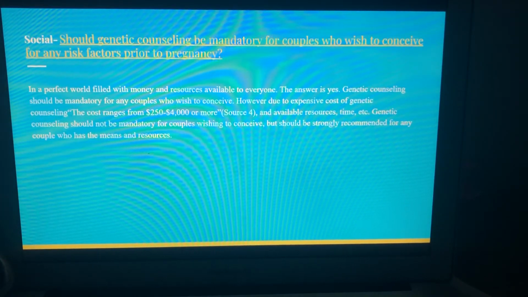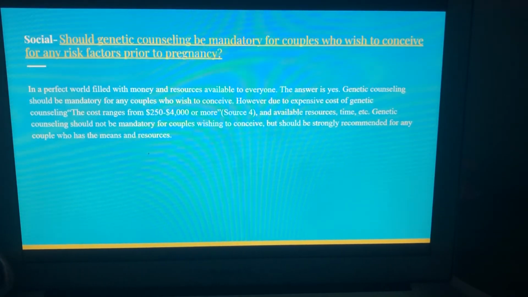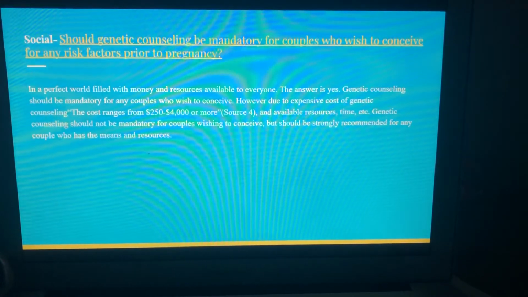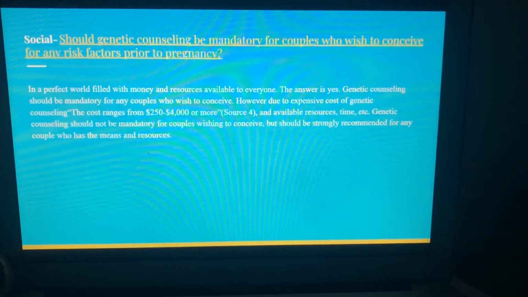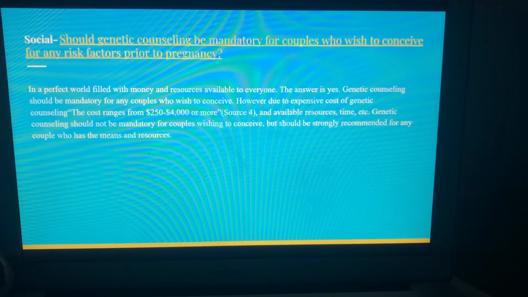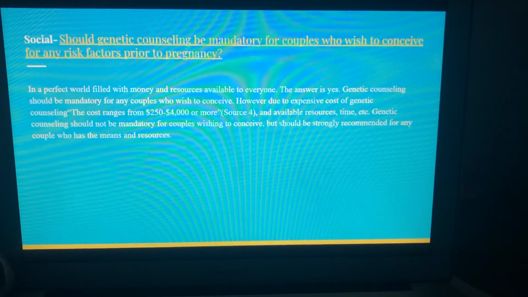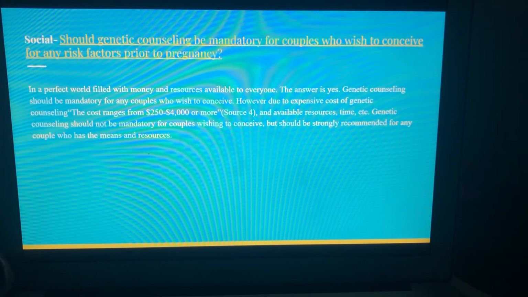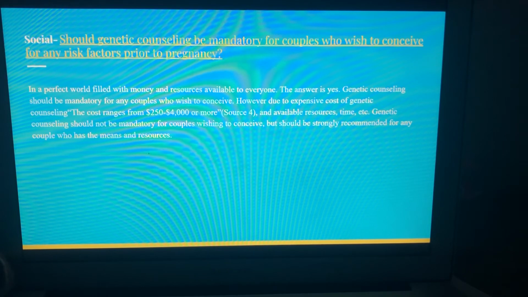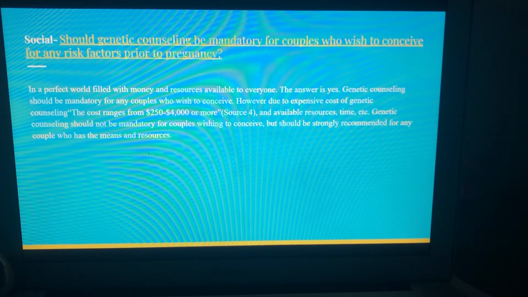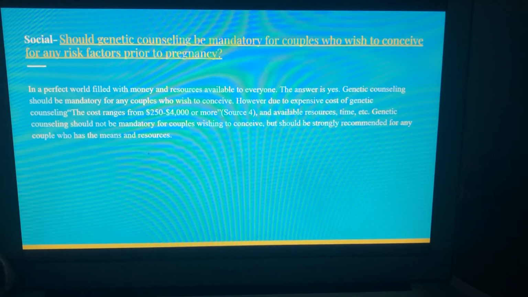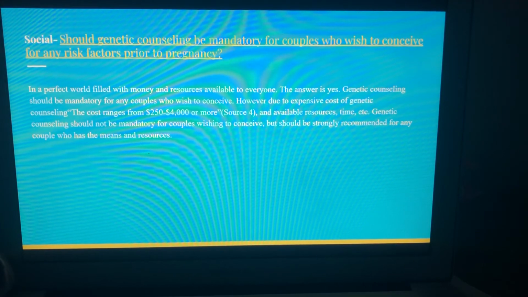Another social question that goes hand in hand with achondrogenesis is, should genetic counseling be mandatory for couples who wish to conceive, for any risk factors prior to pregnancy? Risk factors could include achondrogenesis or any genetic issues. In a perfect world filled with money and resources available to everyone, the answer is yes, obviously genetic counseling should be mandatory for any couples who wish to have a baby.